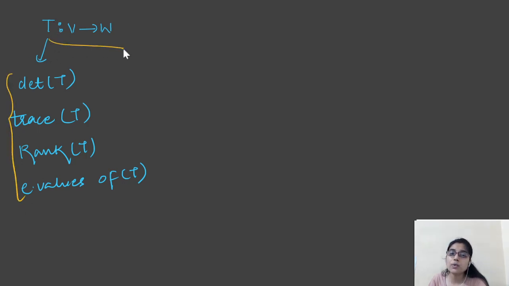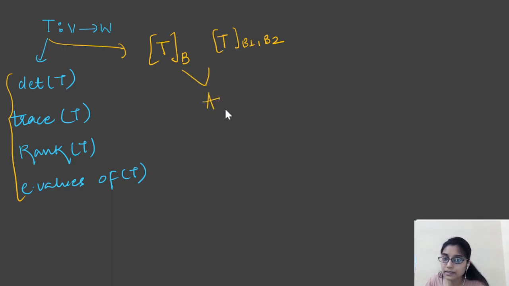So the way you proceed is that you find the matrix representation, whether it is a linear operator or a linear transformation like the question we did a few minutes back. Now you have a matrix in your hand. If it is a linear operator then it would be n cross n.